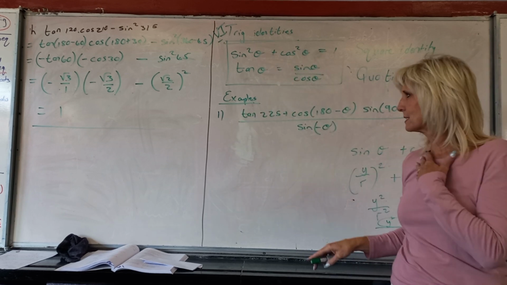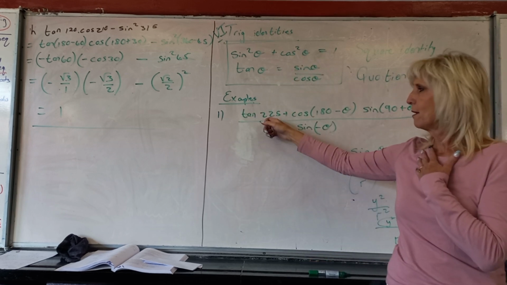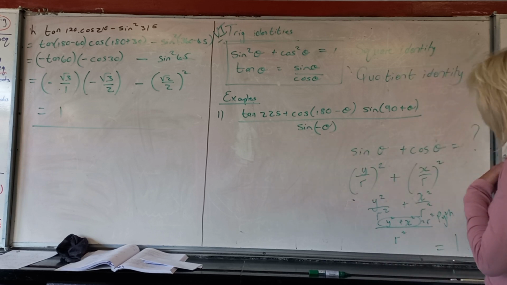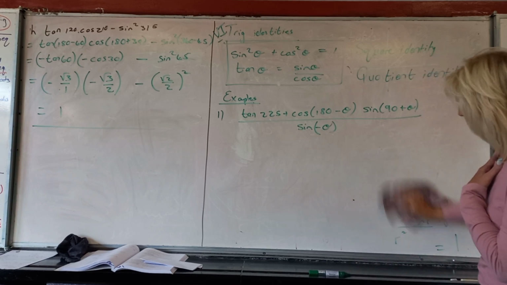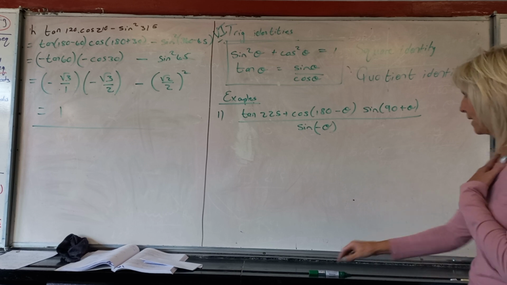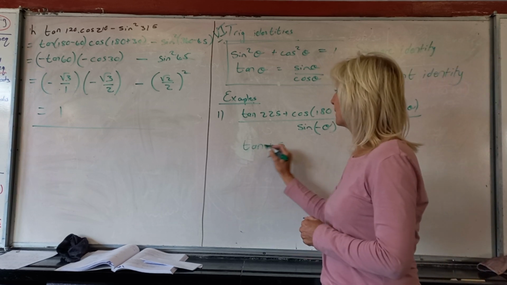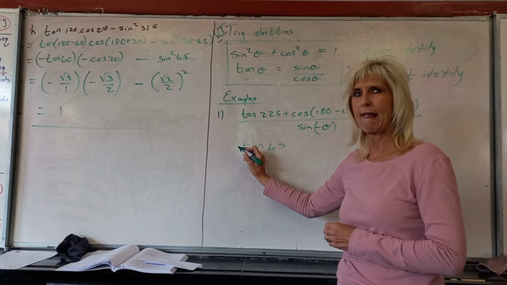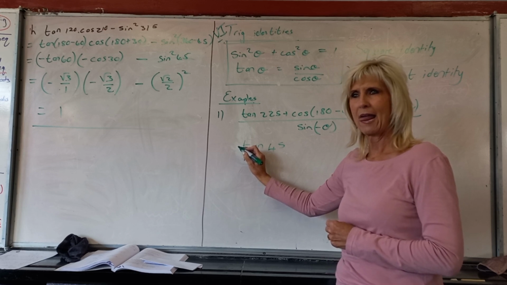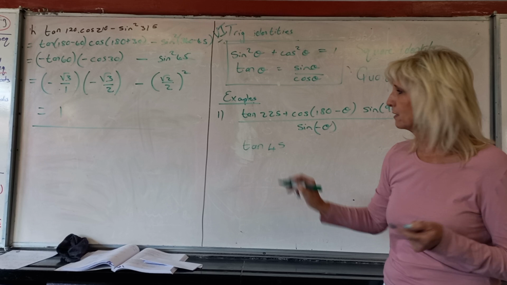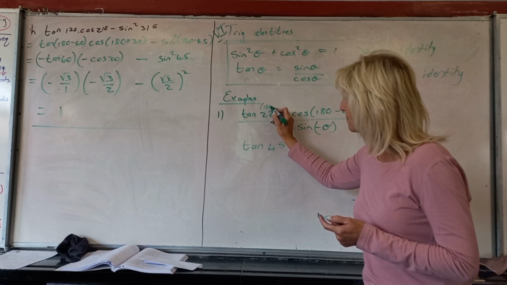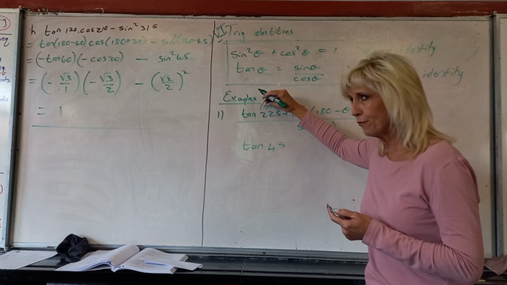Okay, now let's go back to the sum, because we're back to where we were. What do we do with 225? 180 plus. I'm happy. So we've got 180 plus 45. Plus or minus? Okay, if it's getting too difficult, 180 plus 45, we go poof, 45.